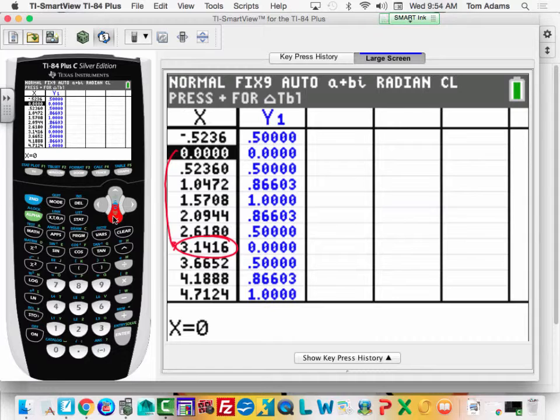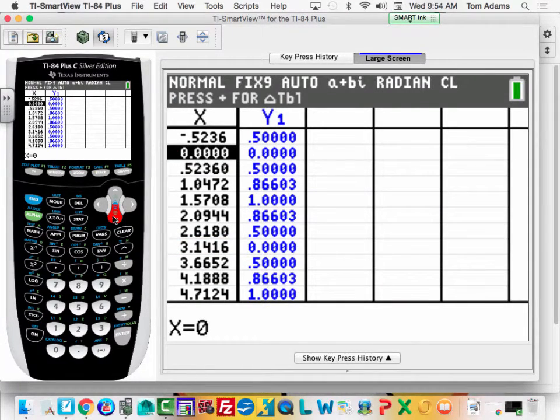So the periodicity of this would be pi. Let me read what the book says. Whenever sine of x is defined, so is the absolute value of sine of x. The domain of g is the same, all real numbers, but because the negative values are flipped up to positive, everything will be positive. So the period will be half, or pi. All right, so that's that one.